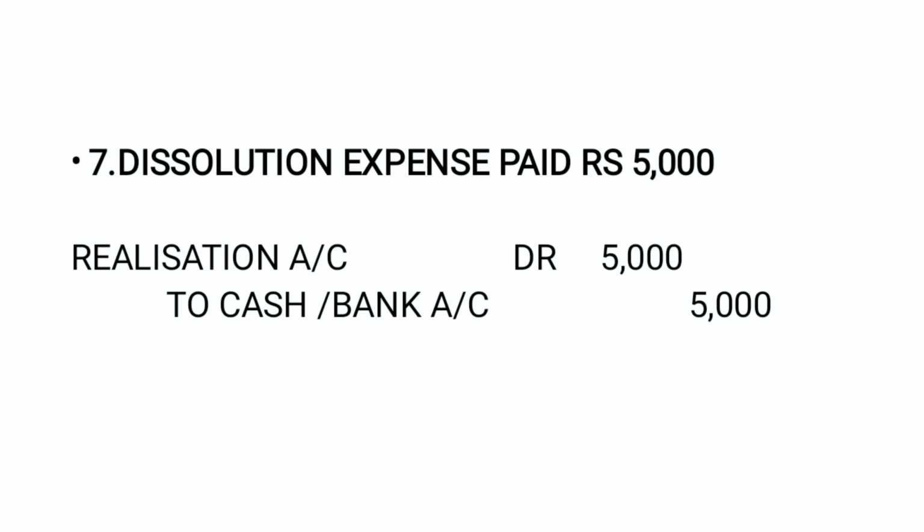The journal entry for the payment of dissolution expense. This journal entry again we have understood while understanding the concept of journal entries of this chapter in previous lectures. Being dissolution expense paid rupees 5,000.